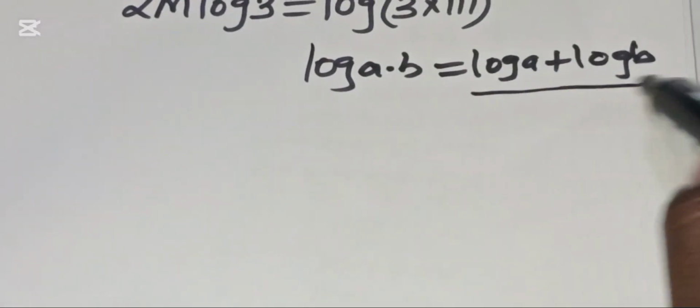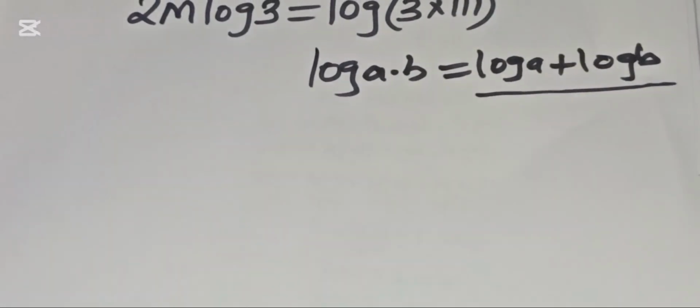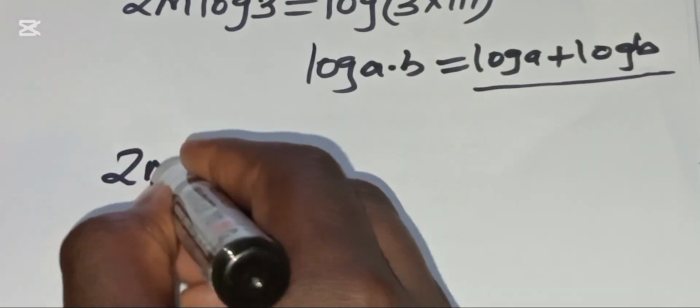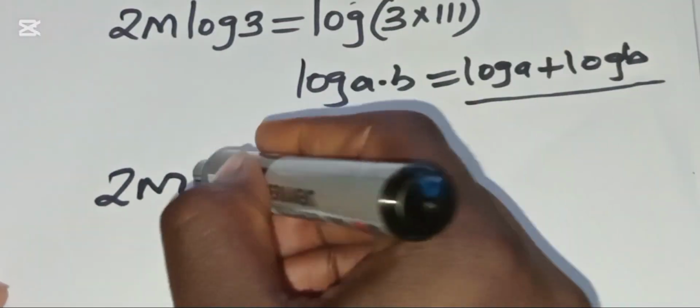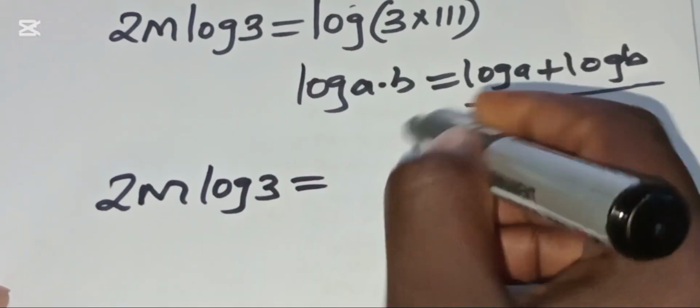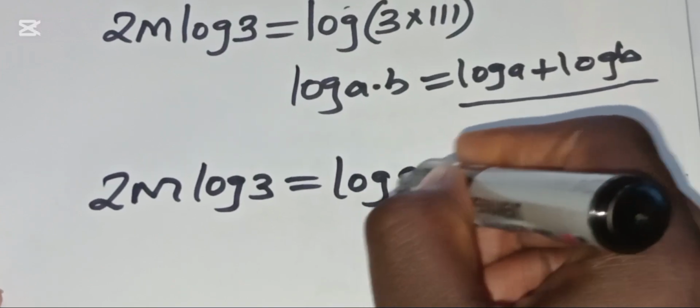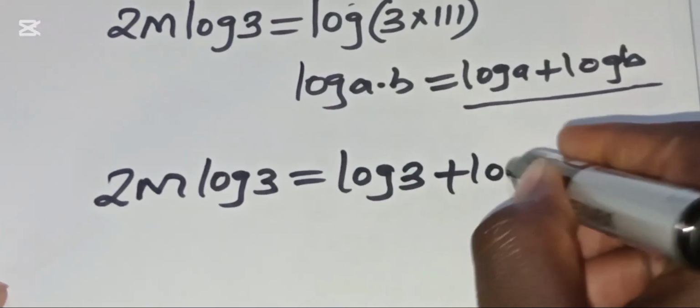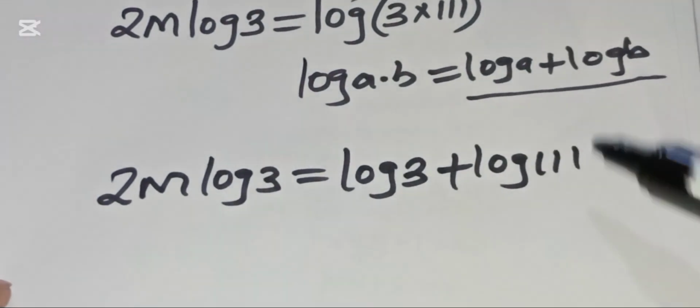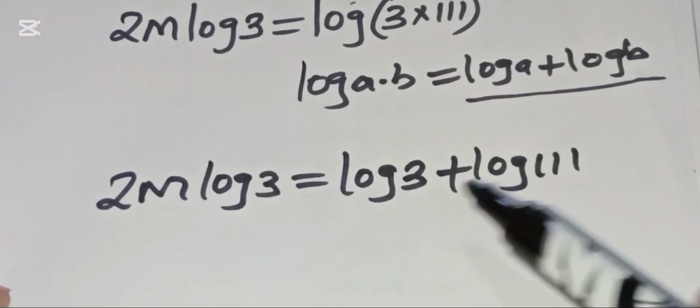Let's write this in this form: 2m log 3 is equal to log 3 plus log 111. We have applied this property, and that's why we have this.